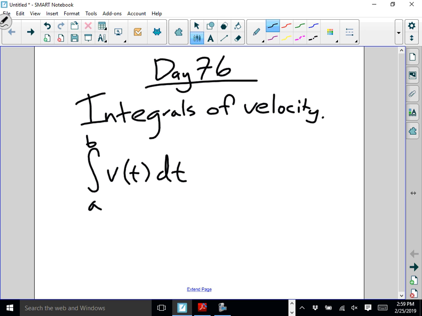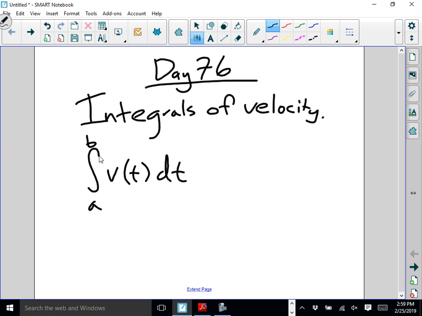If velocity was measured in meters per second, we know that this integral is going to come out to be in the unit meters, right? So a lot of times people's intention is to say, oh yeah, it's our distance traveled, okay? But because velocity can be positive and negative, right? If we think about a graph of velocity, it could be above the x-axis or t-axis, it could be below the t-axis, right? And it's going to create different things.